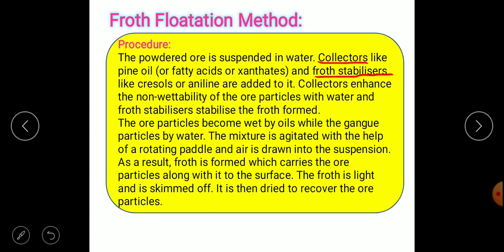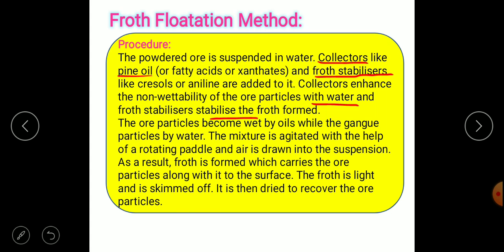Collectors enhance the non-wettability of the ore particle with that of water. The pine oil, for example, will avoid the wettability of the ore particle with water, whereas the froth stabilizer will stabilize the formed froth. Froth is nothing but a foam-like structure, a lather-like formation.